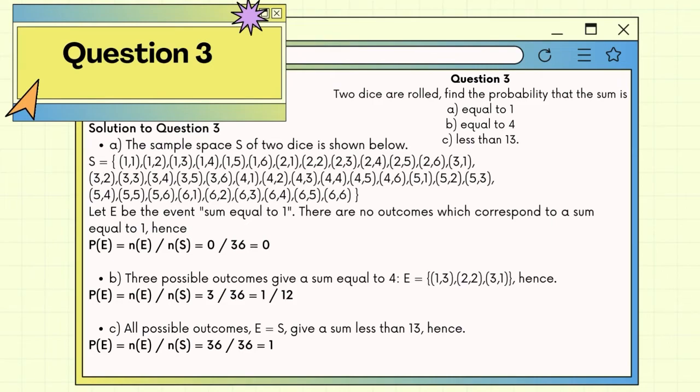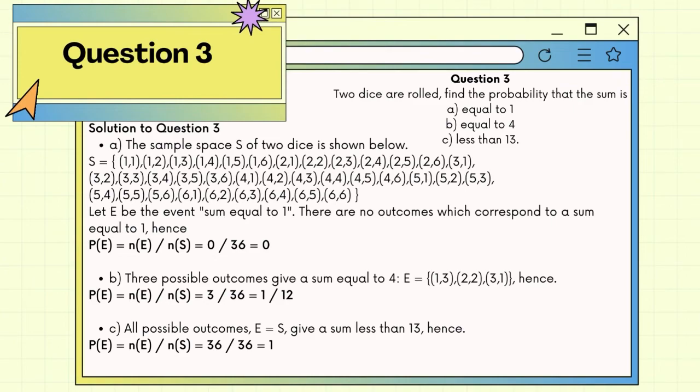And for B, three possible outcomes give a sum equal to 4. E equals (1,3), (2,2), and (3,1). And P(E) equals n(E) divided by n(S) equals 3 divided by 36 equals 1 divided by 12.